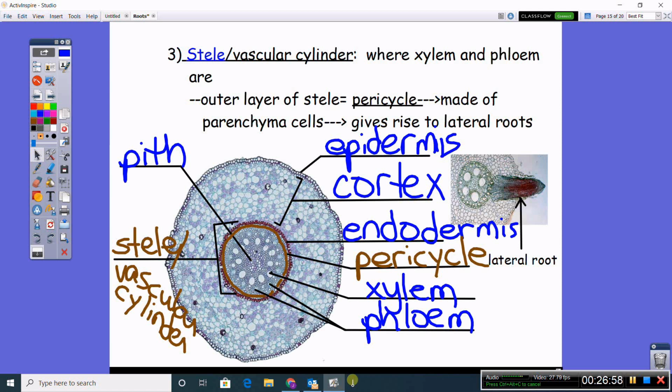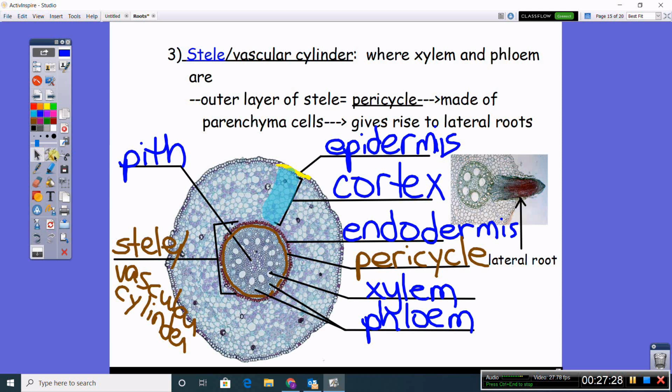All right, so we want to start on the very outside layer and work our way in. All right, your epidermis. Your epidermis is this layer right here. That's your epidermis. Okay. Your cortex. Your cortex is from here to there. Okay, all the way around. That is your cortex.